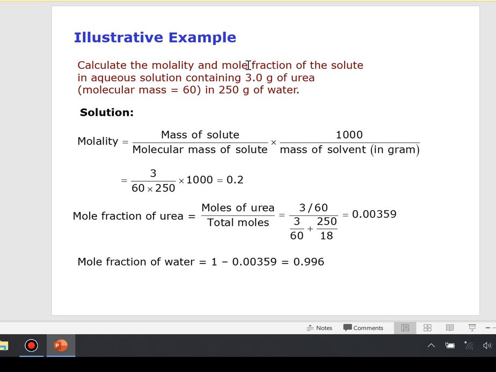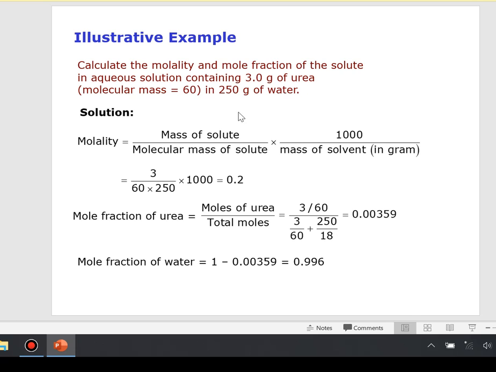And mole fraction. Mole fraction means, suppose mole fraction of urea. For the urea mole fraction, moles of urea divided by total number of moles. It means total number of moles of the urea plus total number of moles of the water.